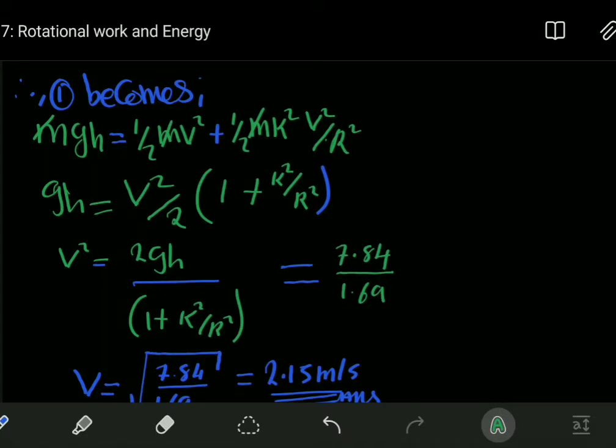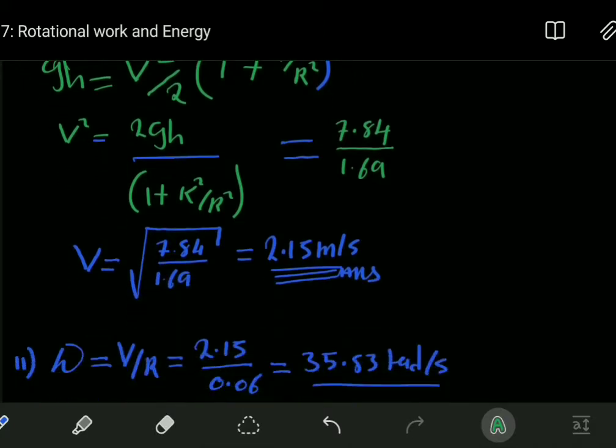We're simply substituting here the value of k, it's given, the value of r, it's given, we know what g is, we also know the height, 0.4. So we're simply dividing these two and we're getting v as the square root of 7.84 over 1.69. Therefore, our linear speed is 2.15 meters per second.